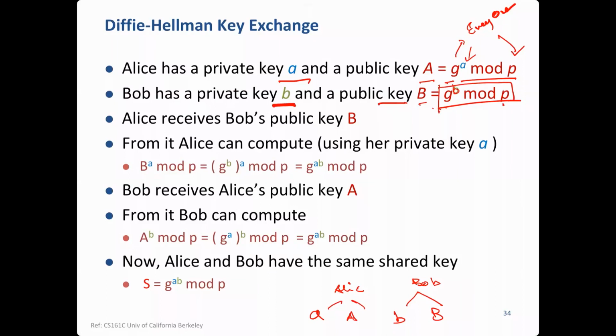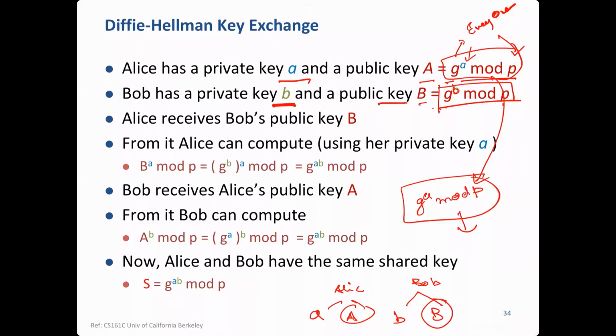Now this A and B they can publish or send to each other; this is known to everyone. The mathematics here is that given A, which is g raised power a mod p, if someone receives this number, the person cannot calculate a. That's the theory.